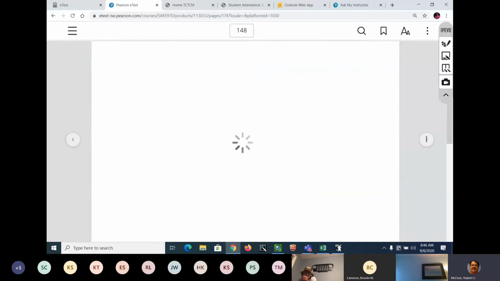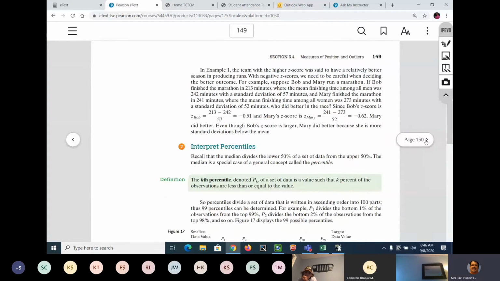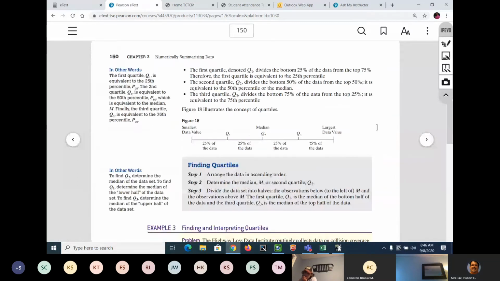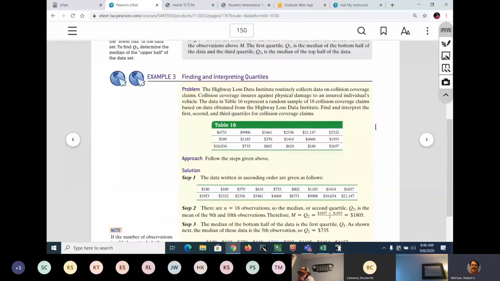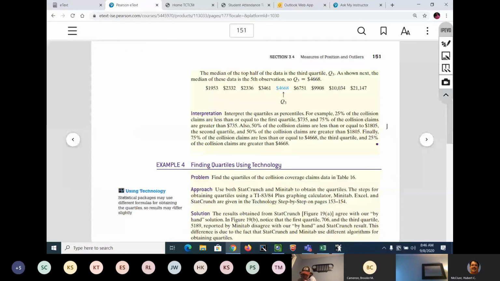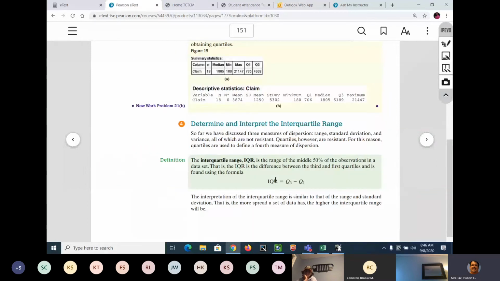So let's move. And like I say, it's usually not done very much. Where are the formulas? There it is. Interquartile range, write that down.